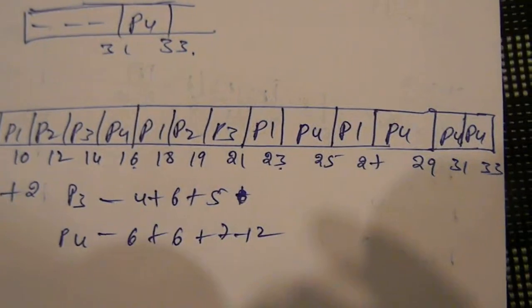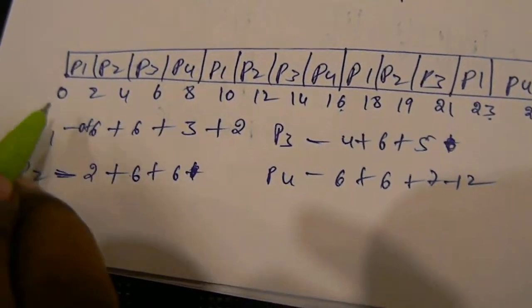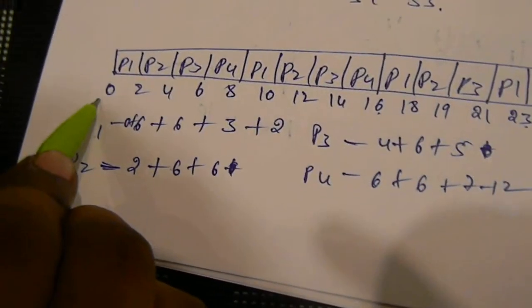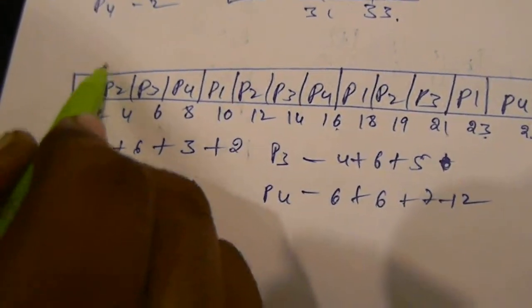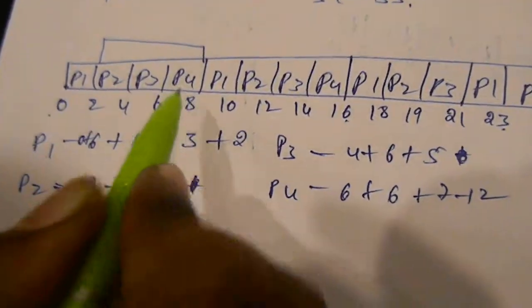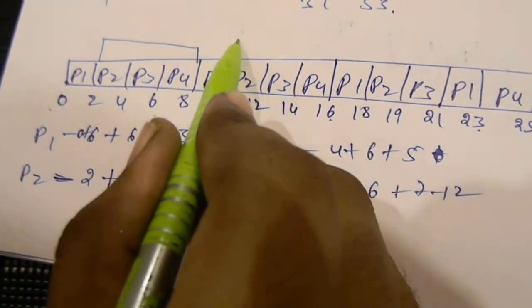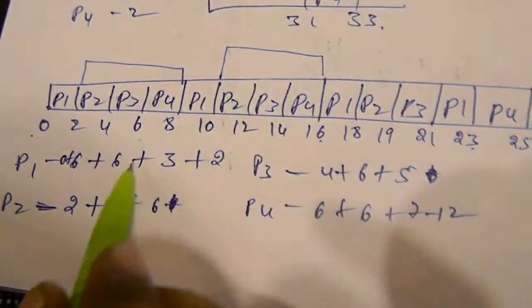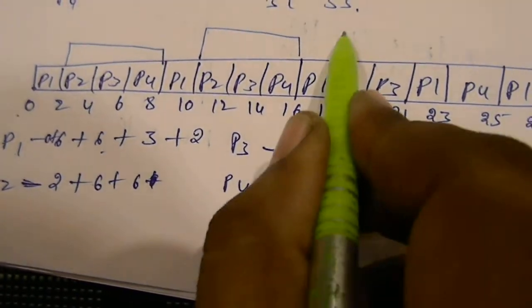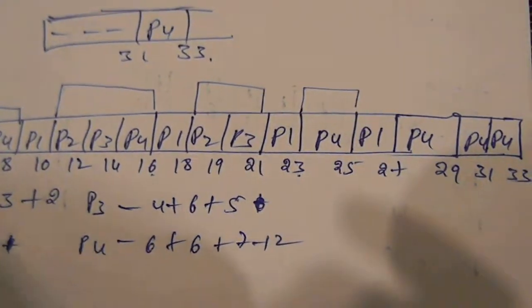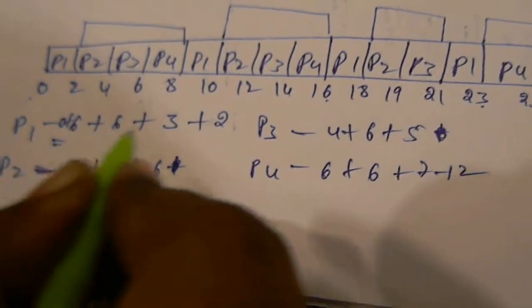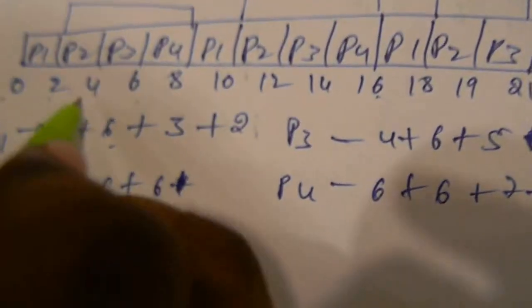Now P1 waits 0 milliseconds at starting, but it waits 6 milliseconds, that is from 2 milliseconds to 8 milliseconds it waits, and from 10 to 16 milliseconds again 6 milliseconds, and from 18 to 21 milliseconds 3 milliseconds, and 23 to 25. P1 waits a total of 17 milliseconds.